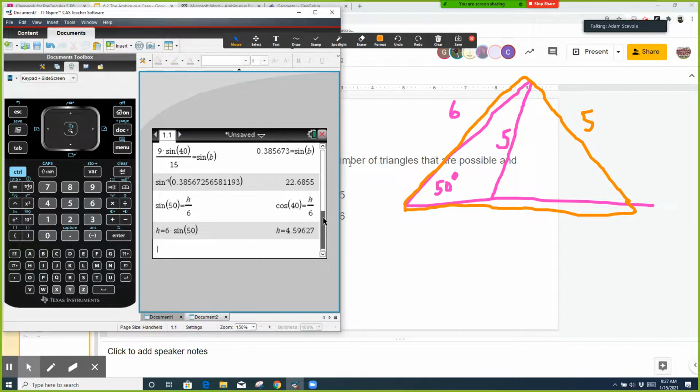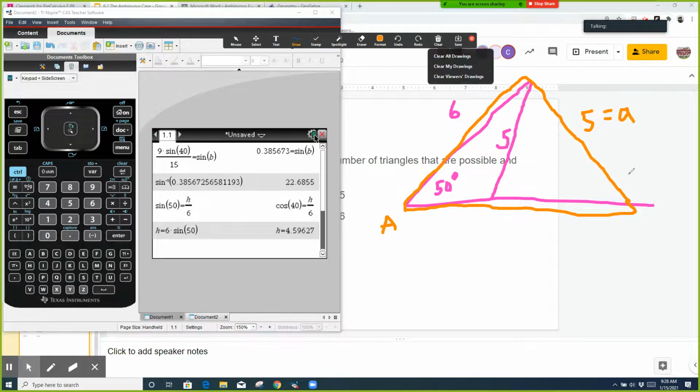If we're trying to solve for, I should draw this for a second. This was angle A, this was side A, which makes this angle B because 6 was side B, I believe.